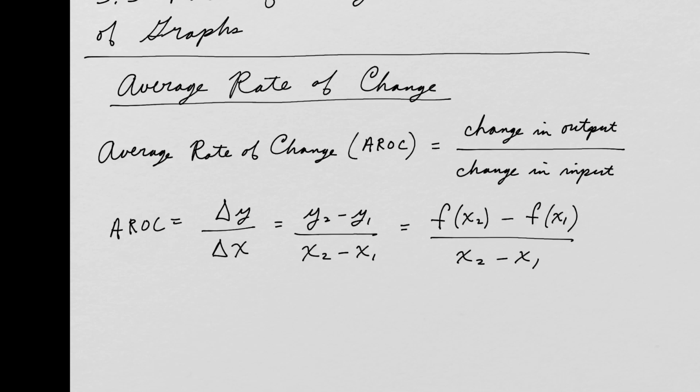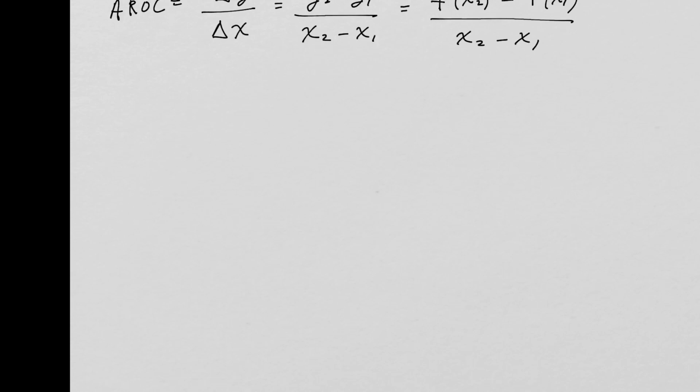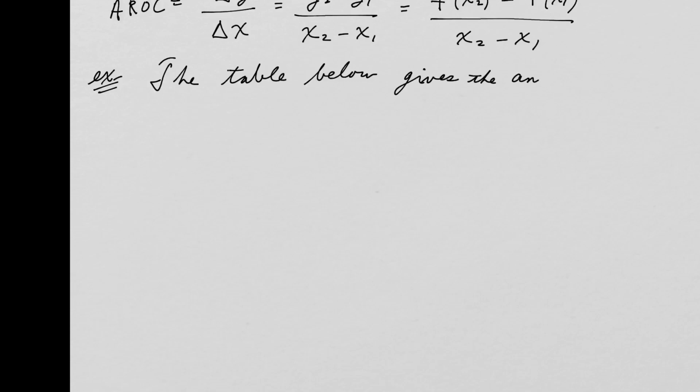I'll start off using a table, and then we'll get into graphs. So let's say you're told that the table below gives the annual sales in millions of dollars of a product.